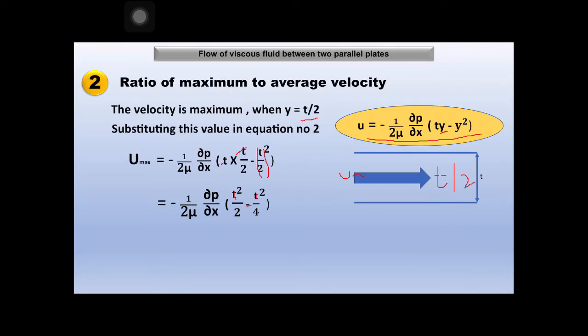So we'll take the common terms out of this bracket, and this equation will become u max is equal to minus 1 by 8 mu into delta p by delta x t square. We'll give it as equation number 4. This equation is the equation of maximum velocity between two parallel plates.